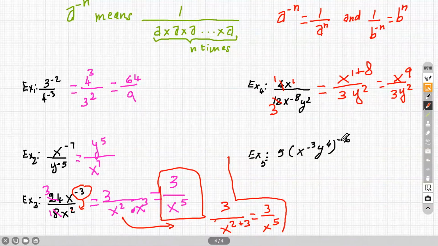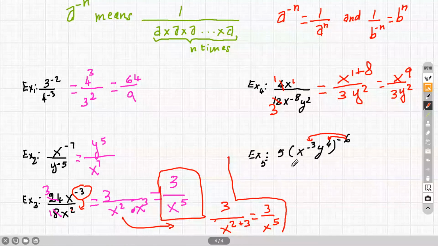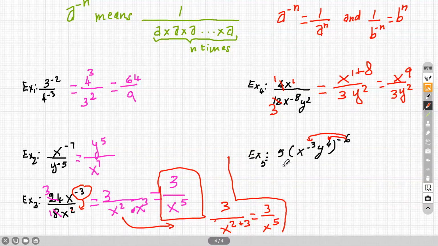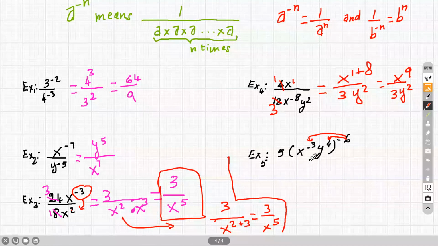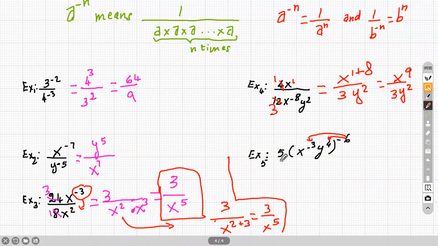This exponent -6 only affects what is inside the parentheses. So using the power rule of exponents, we are going to multiply this outside exponent with all the exponents inside the parentheses. Again, I already did a video on the power rule. If you haven't watched that video, please go ahead.